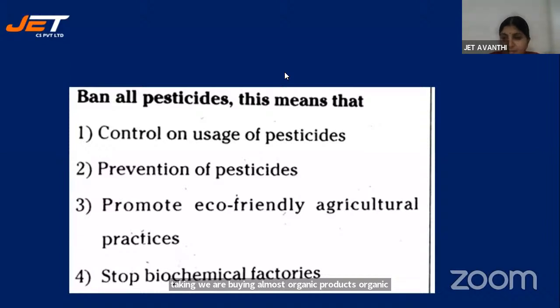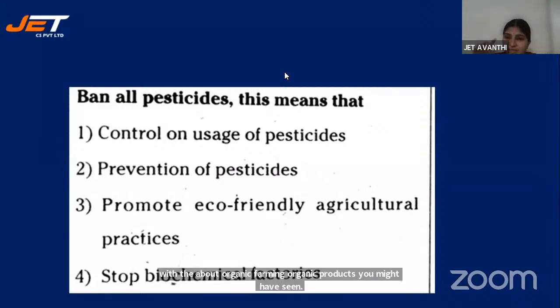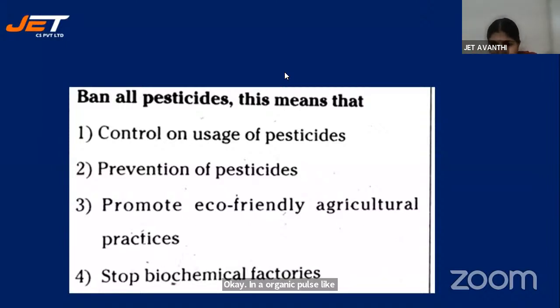After this pandemic, all of us have become health conscious, and most of the companies have come with organic farming, organic products you might have seen. Like organic urad dal, organic this that. They are adding organic, but we don't know whether it is organic or using chemicals. But we are taking blindly.